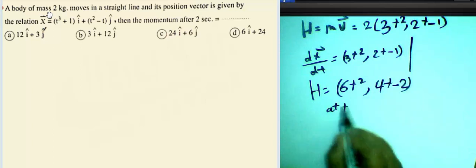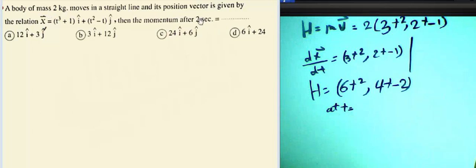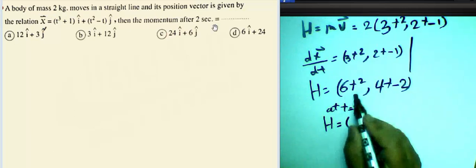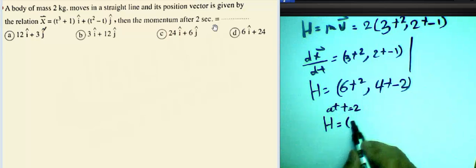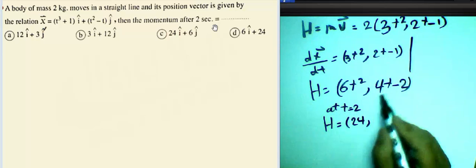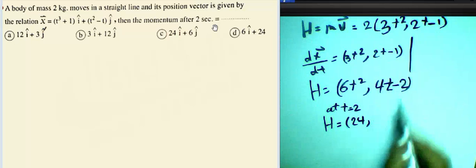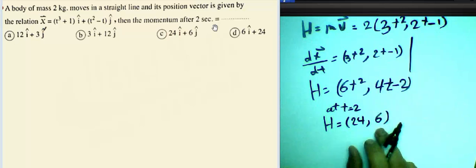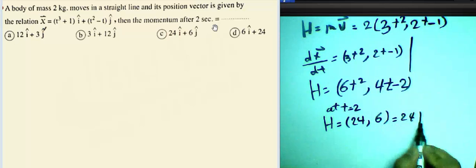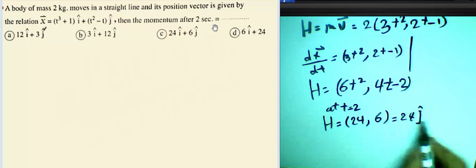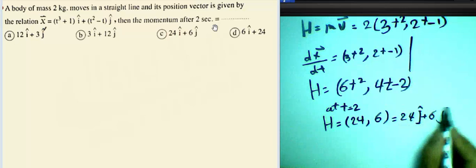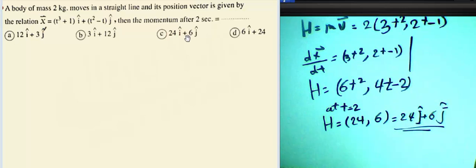At t equals 2 seconds, the momentum equals 6 times 4 equals 24, and 2 times 4 is 8 minus 2 equals 6. It will be 24 in direction i and 6 in direction j. Choose letter C.